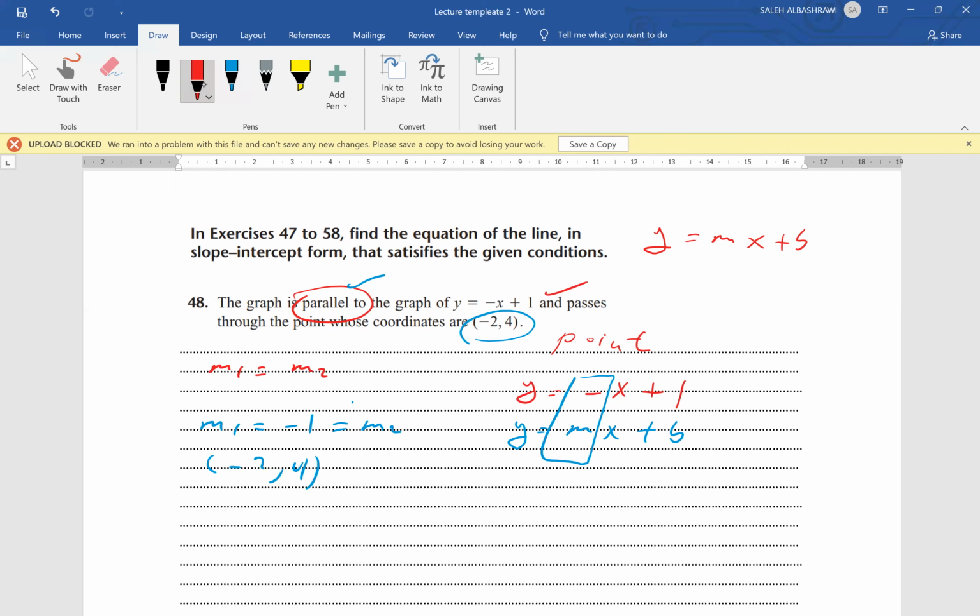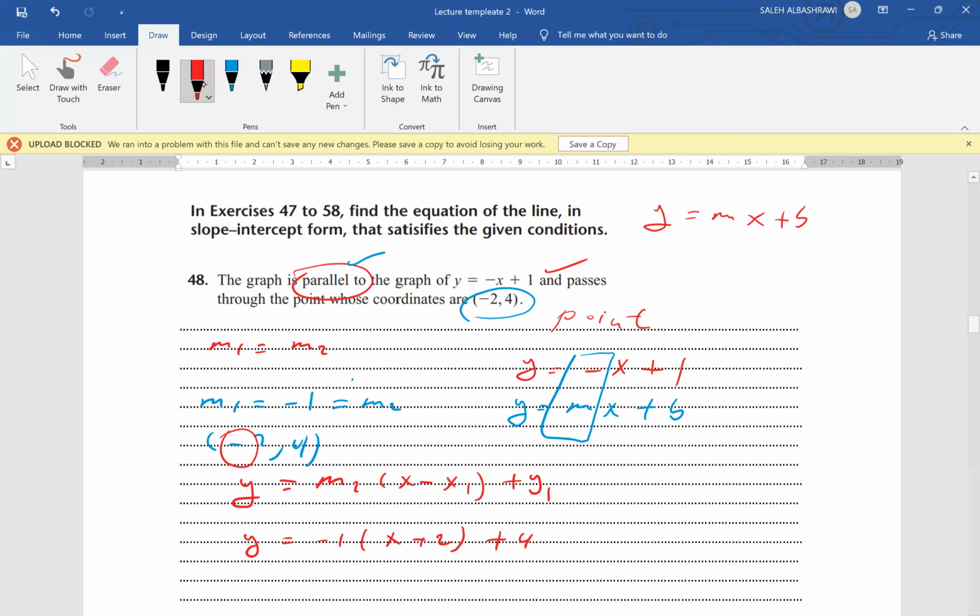So the equation will be y equals m2 multiplied by x minus x1, plus y1. We are using the slope-point form to find the equation of the line. So it is y equals -1 multiplied by x plus 2, as we take the opposite of the sign for x1, plus y1, which is 4.